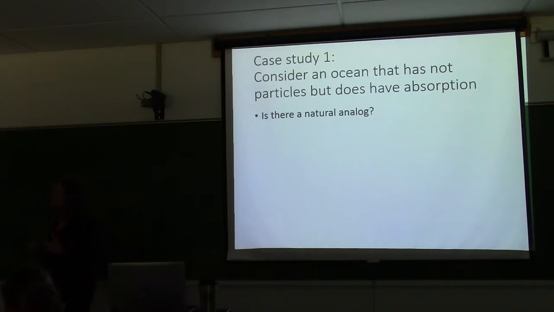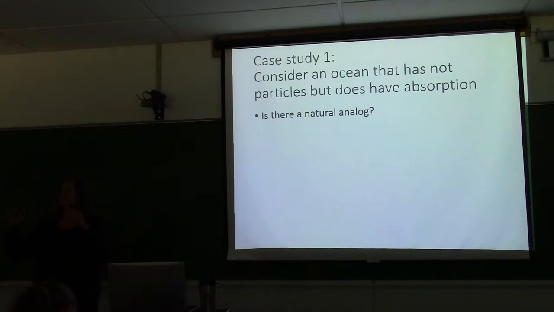So when we look at the ocean and we see light coming out of the ocean, that tells us one thing. We have particles. Or something is scattering light back out the surface. If there were no particles, the ocean would look black. Okay? Anyone not with me on this?